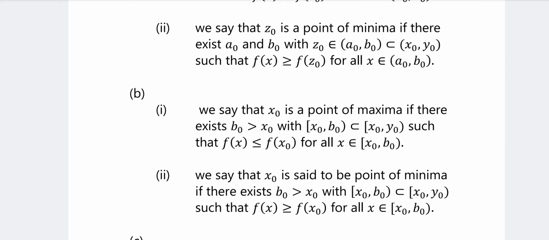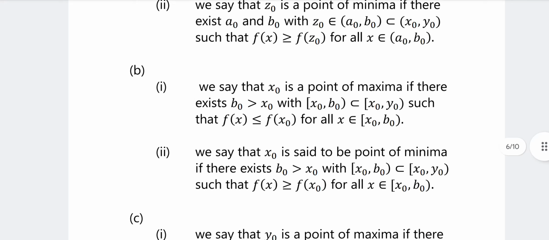We say that x naught is a point of maxima if there exists b naught greater than x naught, with the semi-closed interval [x naught, b naught) contained in [x naught, y naught), such that f(x) is less than f(x naught) for all x in this semi-closed interval.